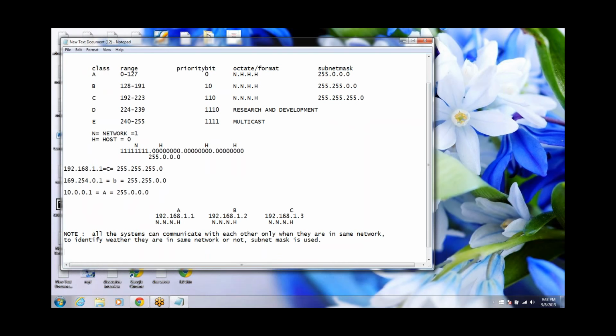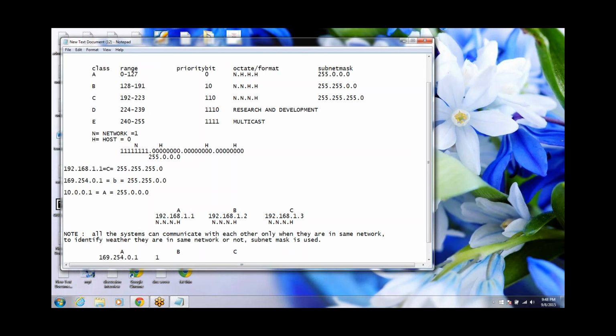Okay, then see here, second example. This is your system A, then system B and system C. Assume the system A address is 169.254.0.1.